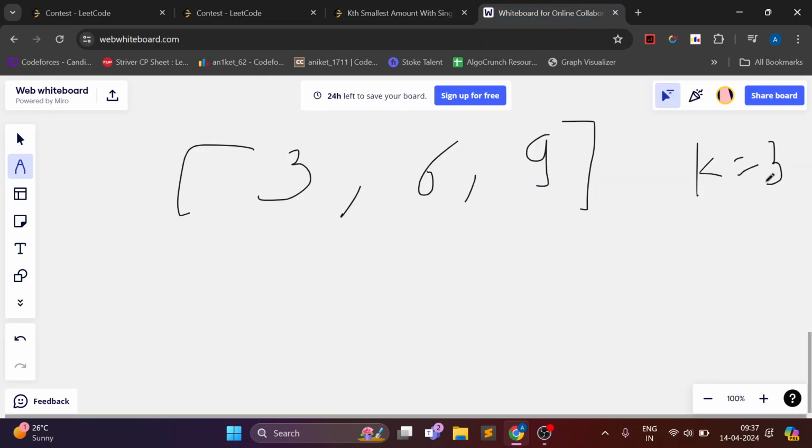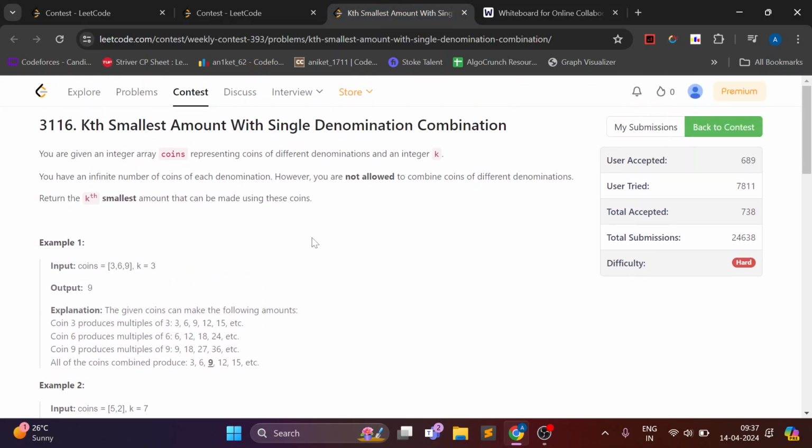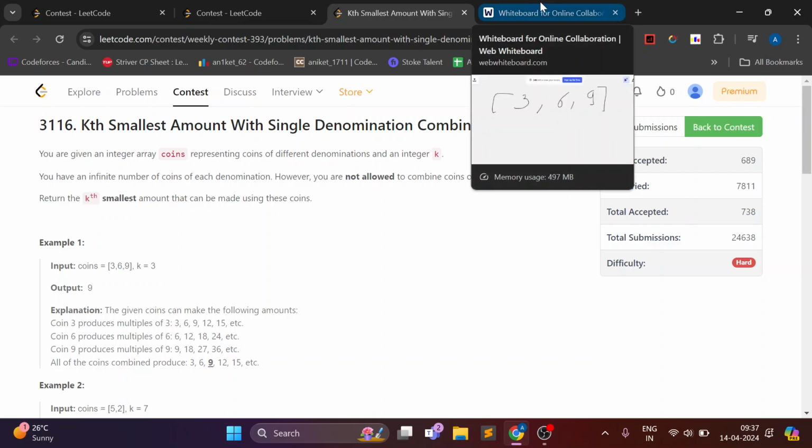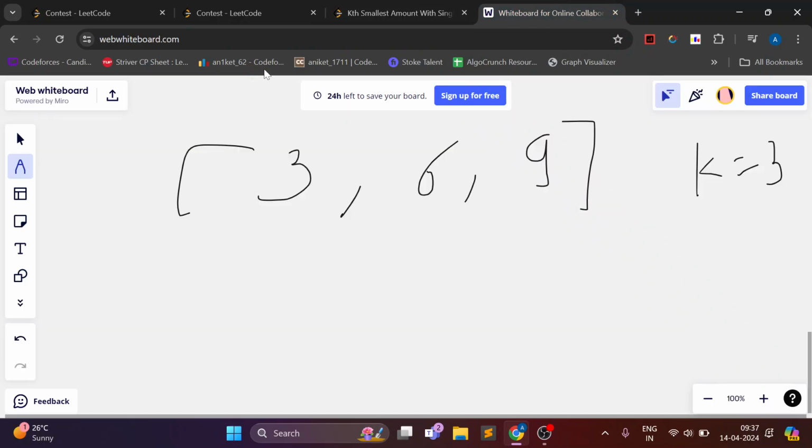So we can only use a single type of coin for making a number. For example, we can only use 3, but we cannot combine 3 and 6 to make an amount.